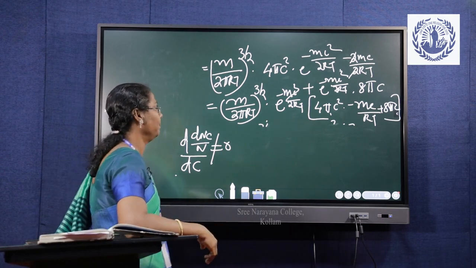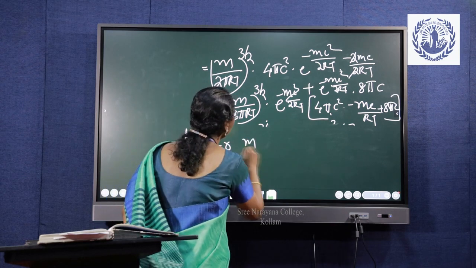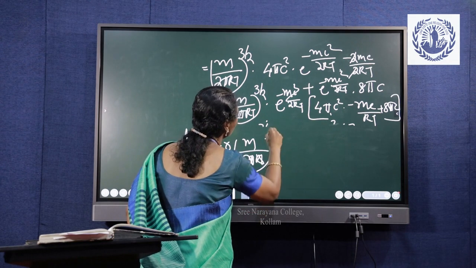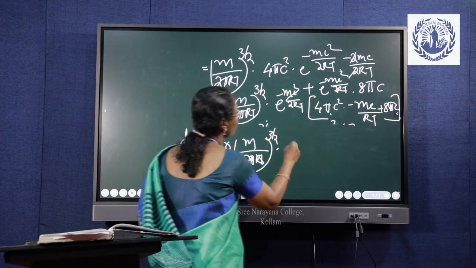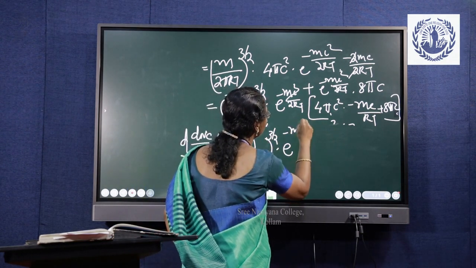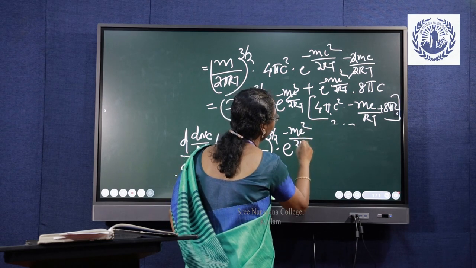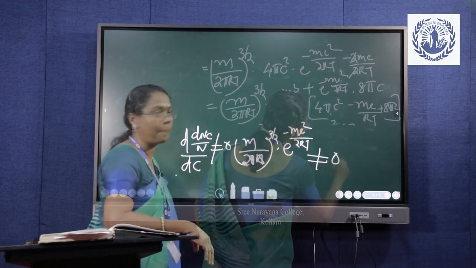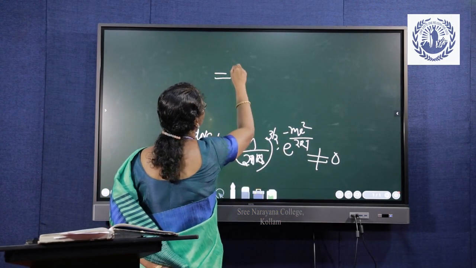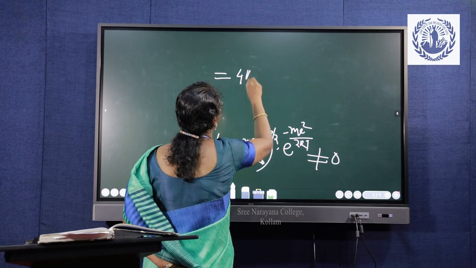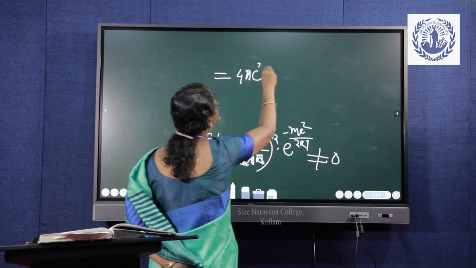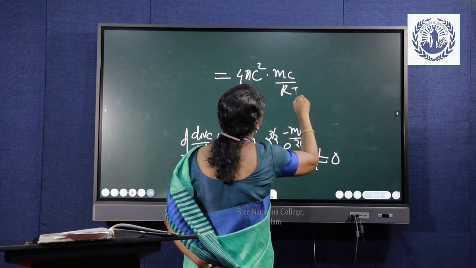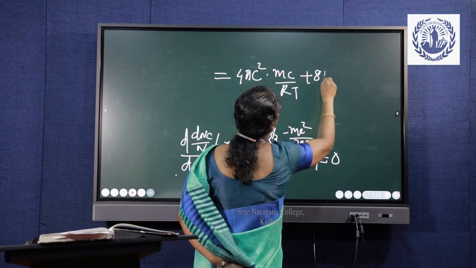The term (m by 2 pi RT) raised to 3 by 2 into e raised to minus mc square by 2 RT cannot be 0.